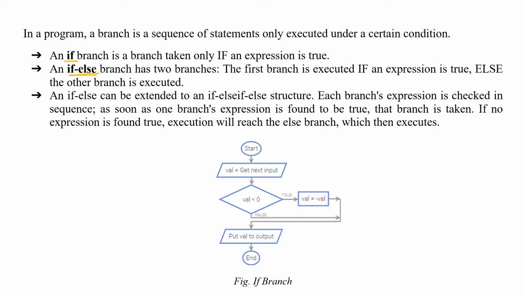The first branch includes the if, and the second one includes the else. If the condition given in if is true, then the set of statements are executed, or else it goes to else, because the if will go false, so it goes to else, and the statements in else will be executed.